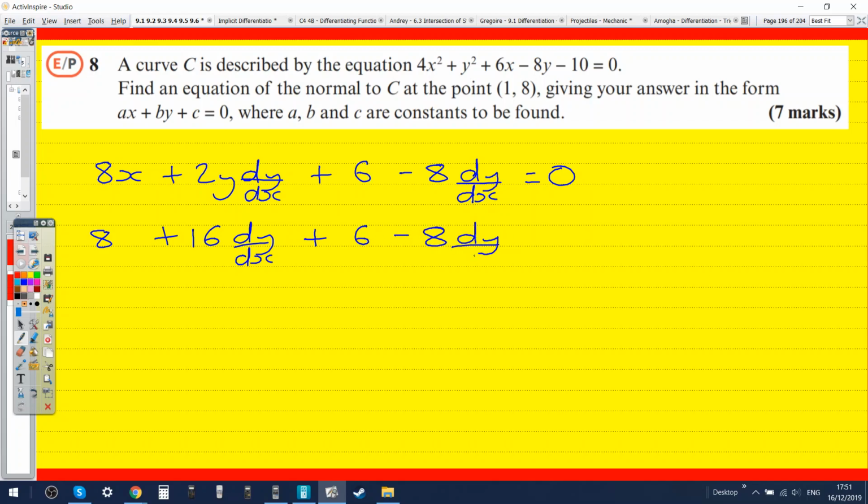That gives you 14 plus 8 dy by dx. So 14 over minus 8 is equal to dy by dx, which is equal to minus 7 over 4.